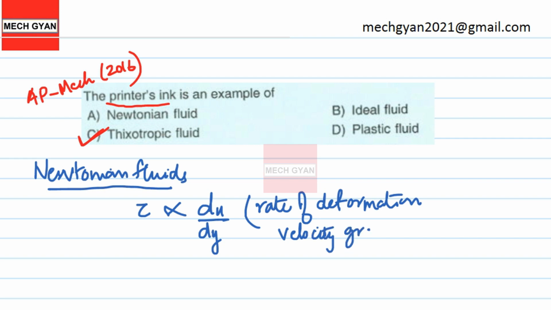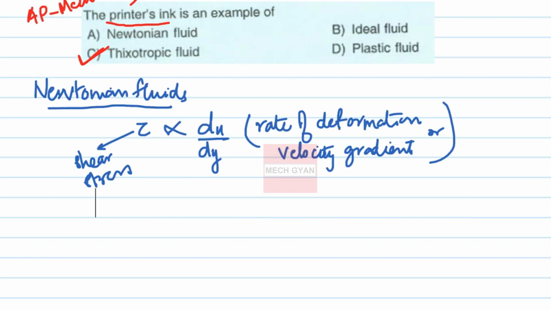This tau is called shear stress, or we can remove the proportionality constant and write it as tau equal to mu du by dy.